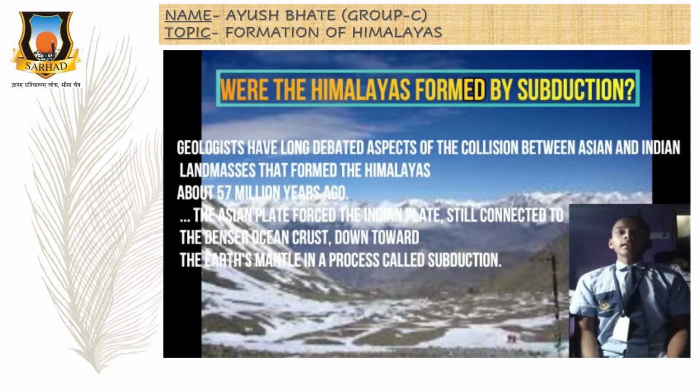The proof is that about 57 years ago, the Asian plate forced the Indian plate, still connected to the denser ocean crust, downwards. This means the Indian plate and the Asian plate were forced to connect, and the Indian plate is going downwards. This was an example of the subduction of Himalayas.